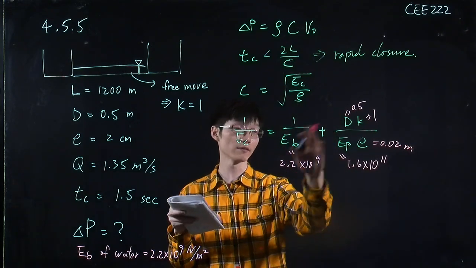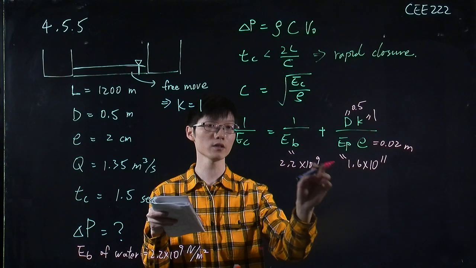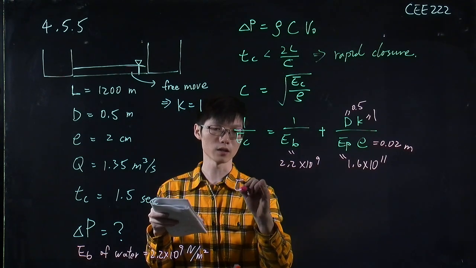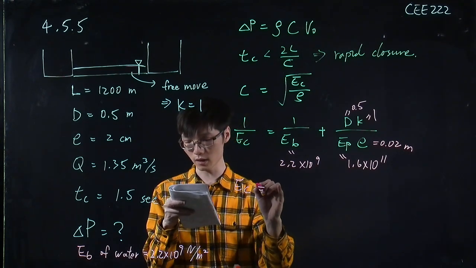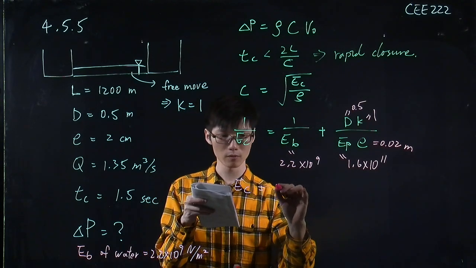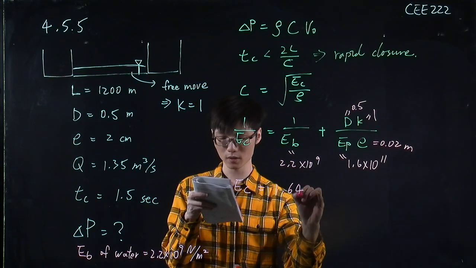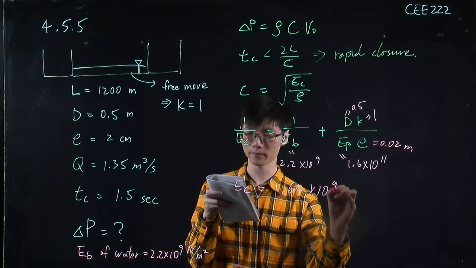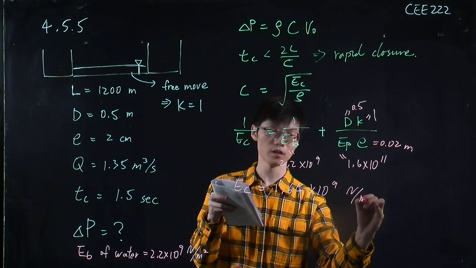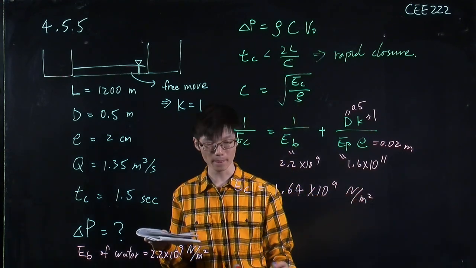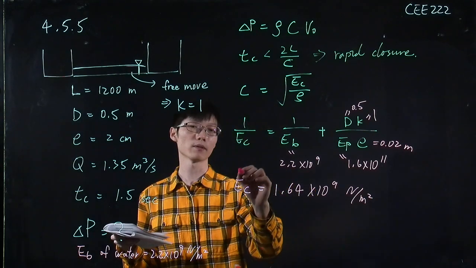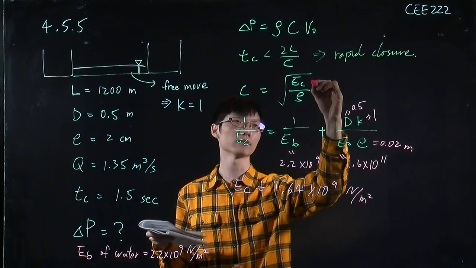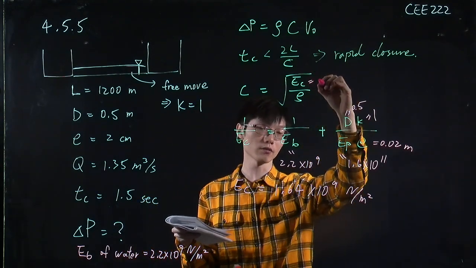Okay, so we have everything that we need to use this equation. Then we can use the calculator to solve that. EC is equal to 1.64 times 10 to the power 9 Newton per square meter. Okay, now we can plug this EC into this equation as we did in the previous question.